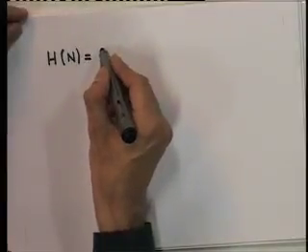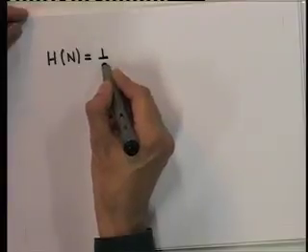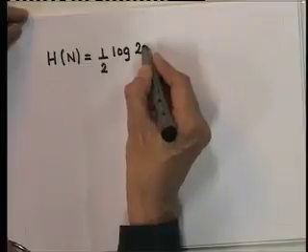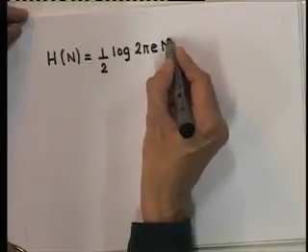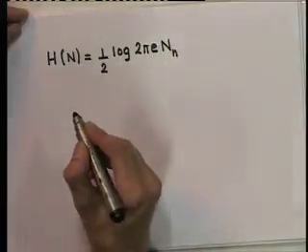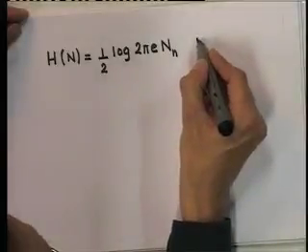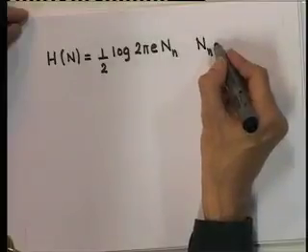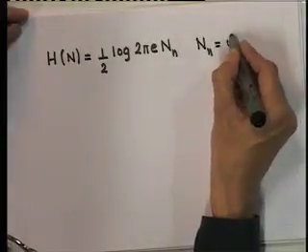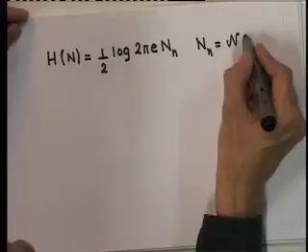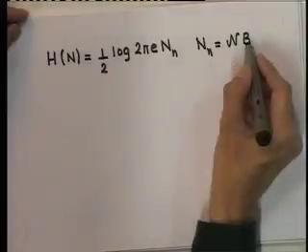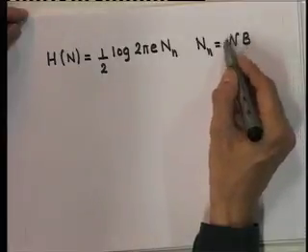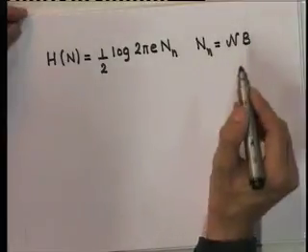h of noise is equal to half log 2 pi e n subscript n, where noise power n subscript n is equal to bandwidth multiplied by twice the power spectral density.